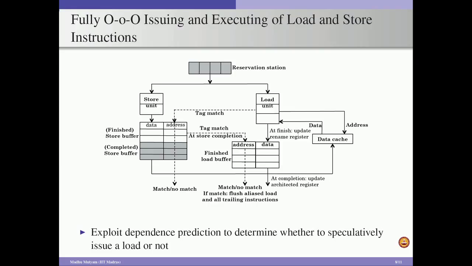And if our prediction mechanism is correct, then we can minimize the number of flushes, as well as improve the overall performance associated with the out of order execution of the instructions.